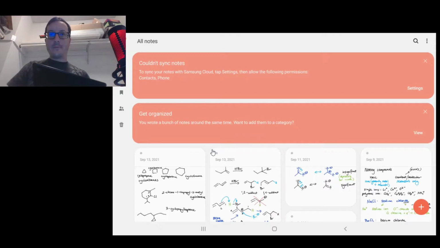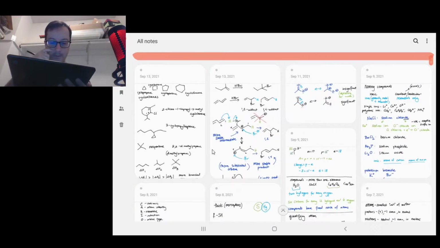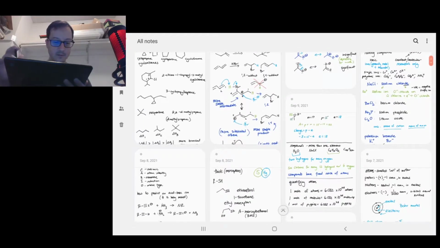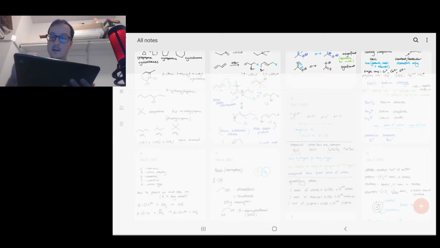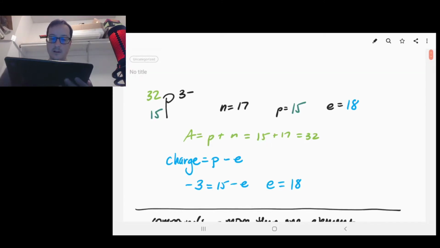So, last time we talked about moles and mass percent, right? We did all sorts of fun stuff about that. We talked about different compounds, different elements. This is what we looked at last time.